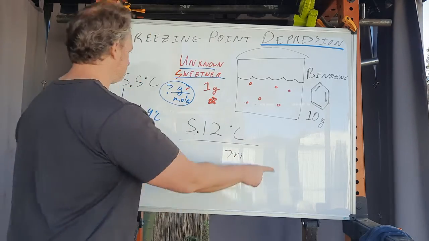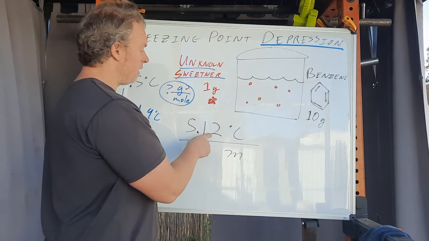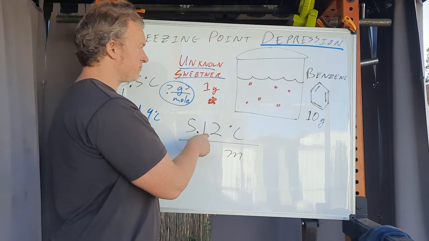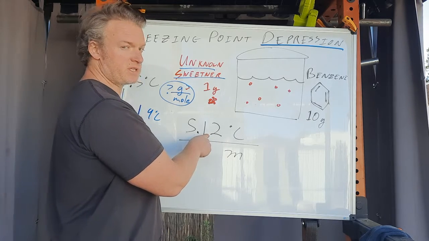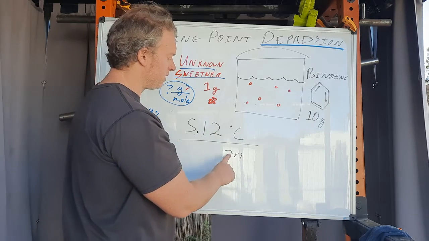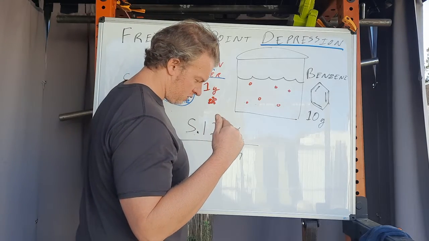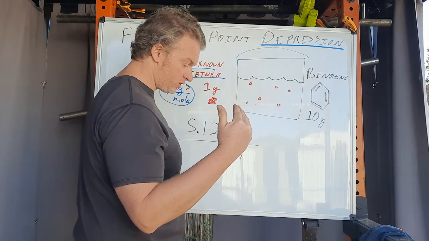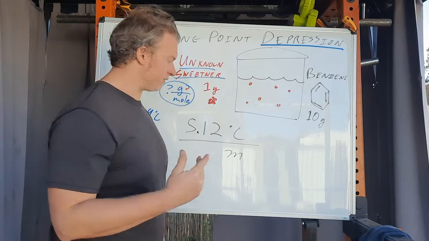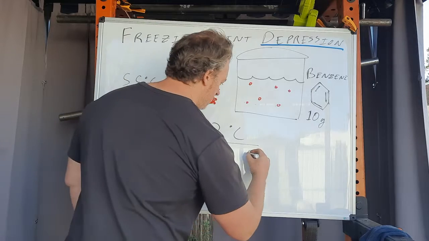Moles. This is where this linear constant, the freezing point depression constant of benzene, where these ugly units need to be prettied up and dolled up. Molality is moles per kilogram of solvent. So let's stretch this out.